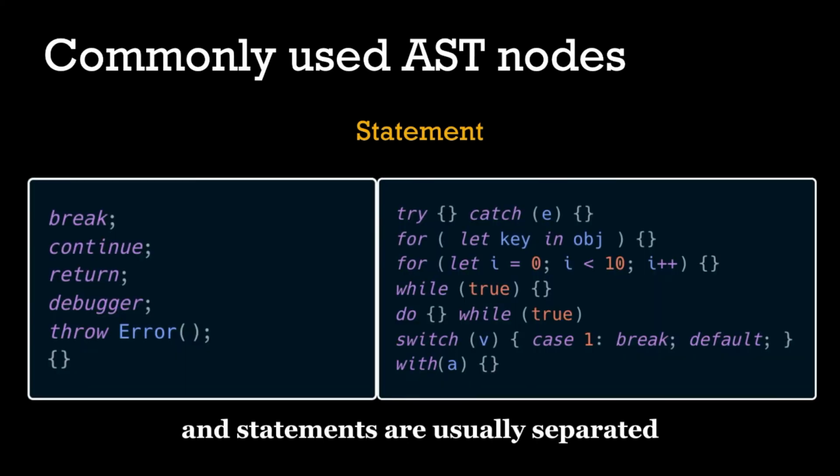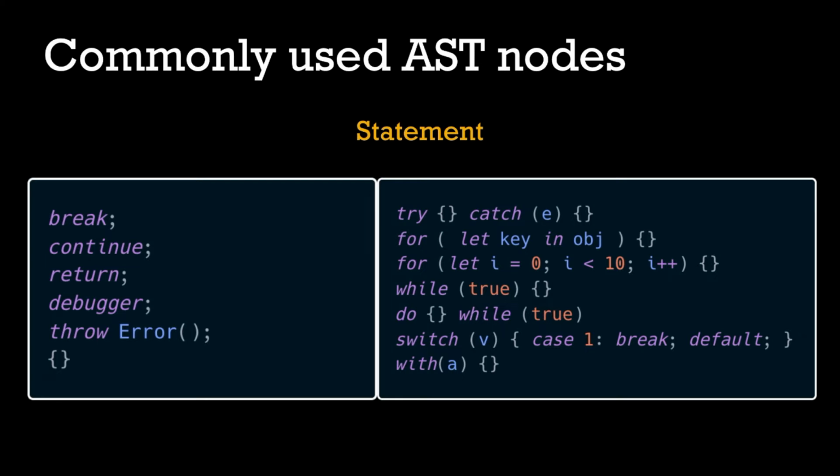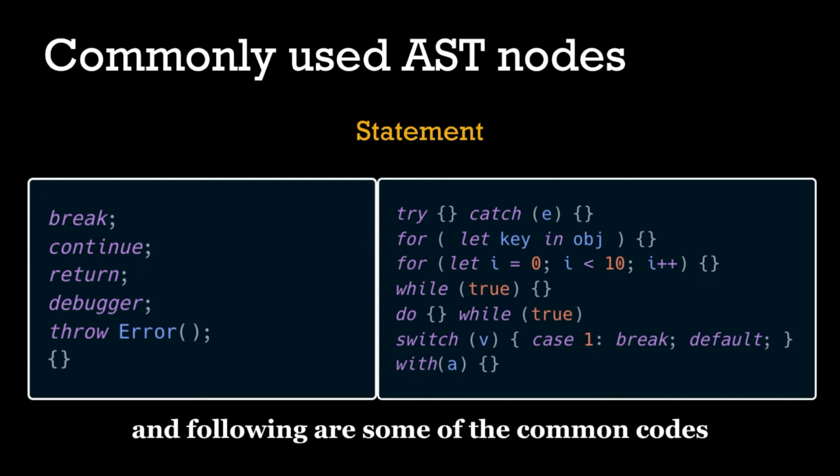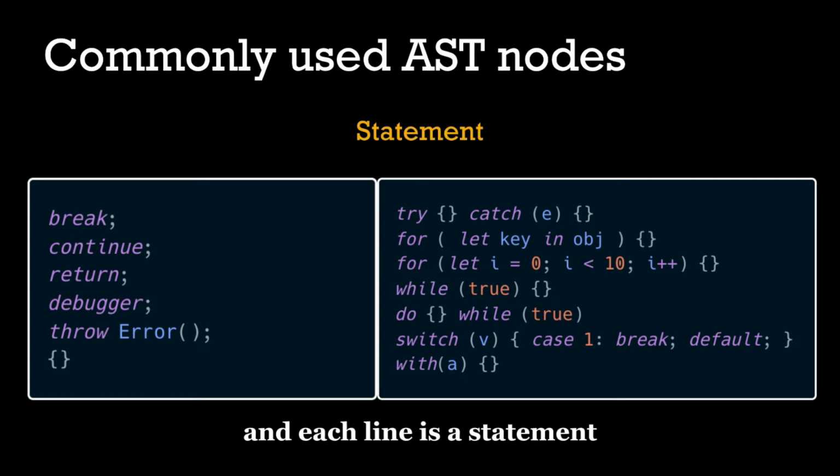And statements are usually separated by a semicolon at the end or separated by a new line. The following are some of the common codes that we often write, and each line is a statement.